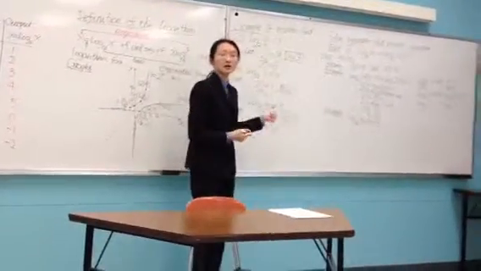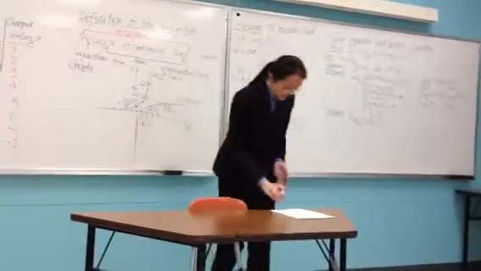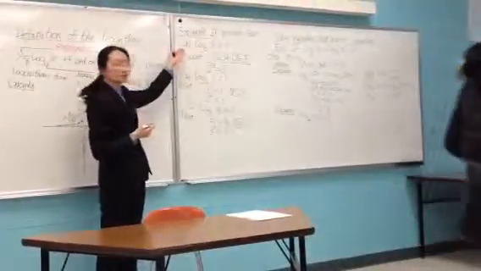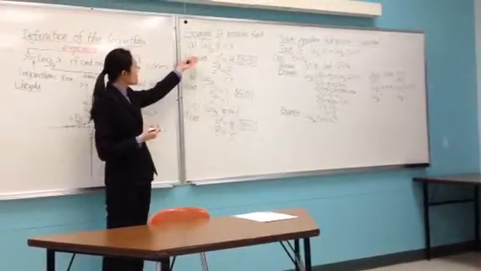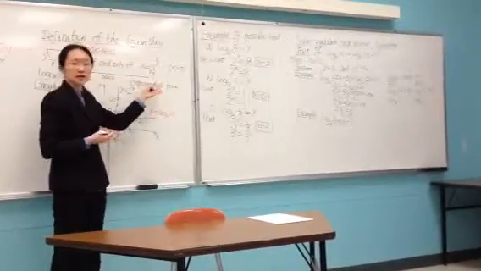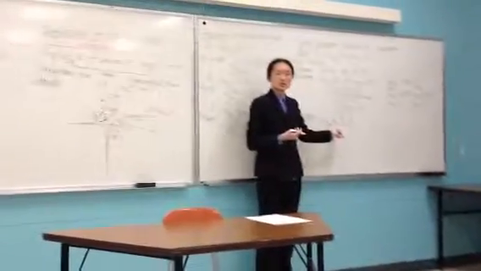Think about how to do this one. Let's think about it. How did we do the first one? So remember, we did the first one by changing this form into exponential form. So similarly, we can change this form into exponential form.